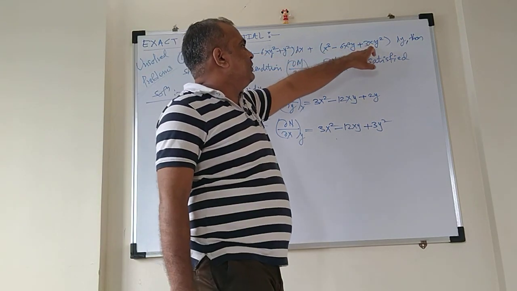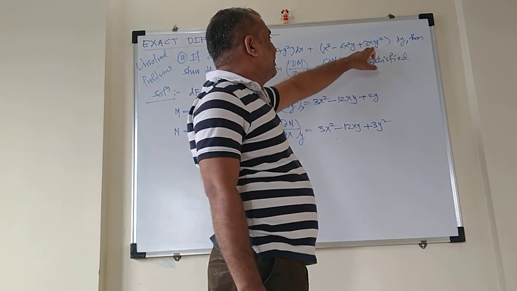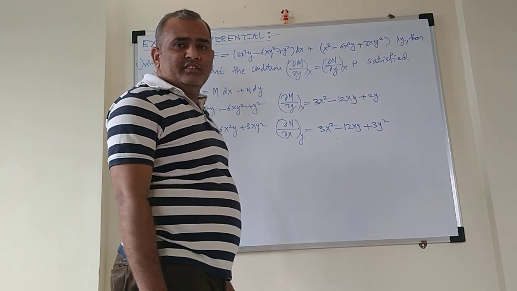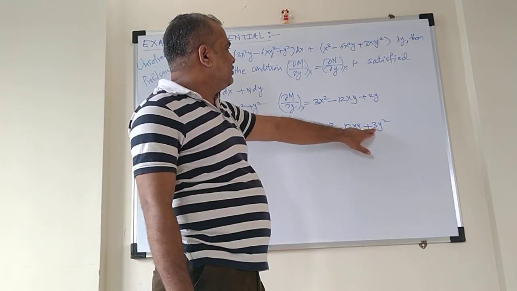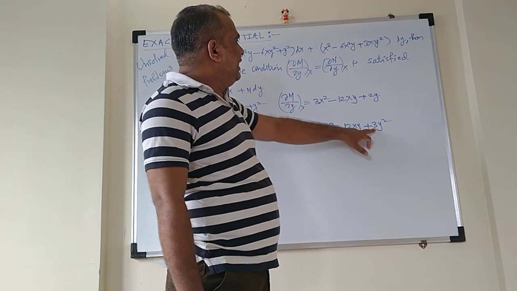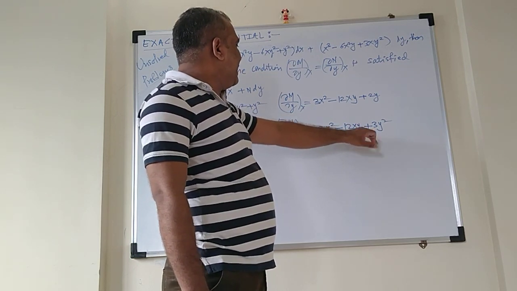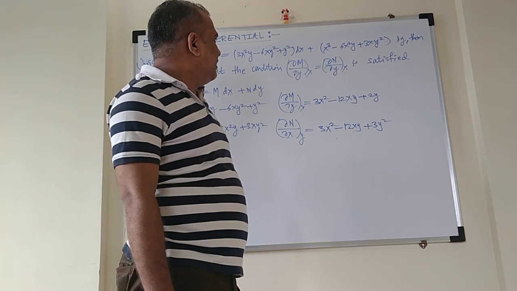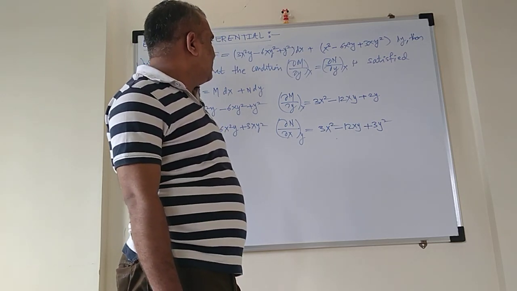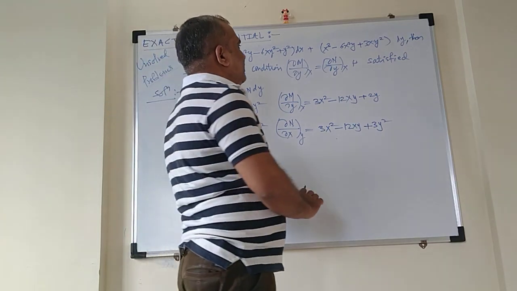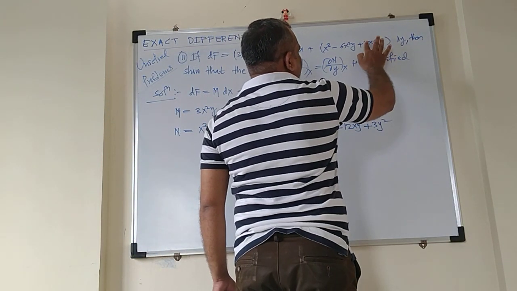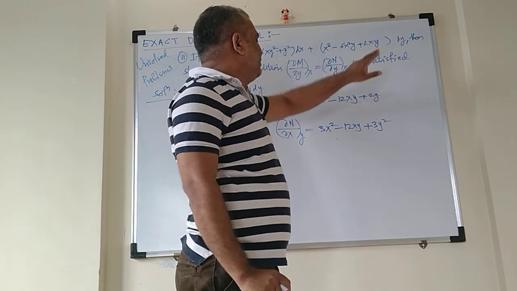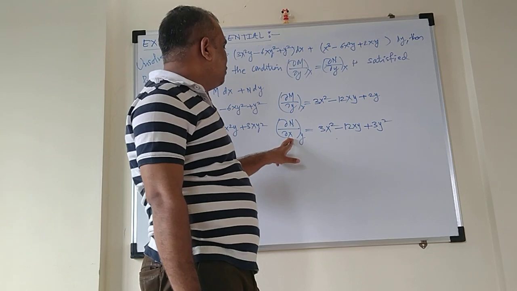So this term must not be a 3xy square. In order to get the condition of exactness satisfied, this must be a 2y, and we'll get this equals to 2y only when here you must have 2xy, and if you differentiate this 2xy with respect to x keeping y constant, you will get 2y.